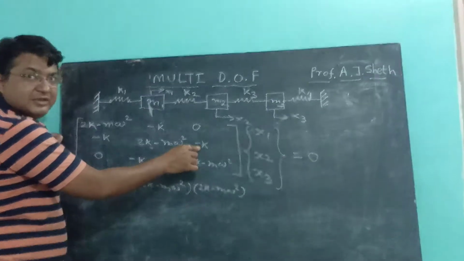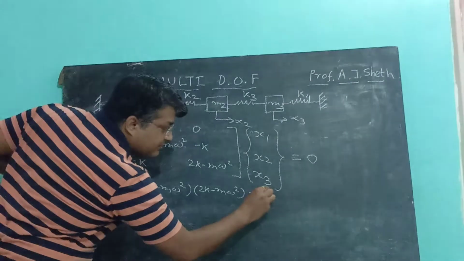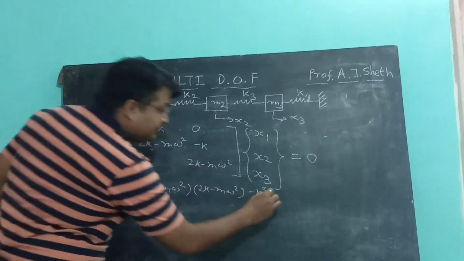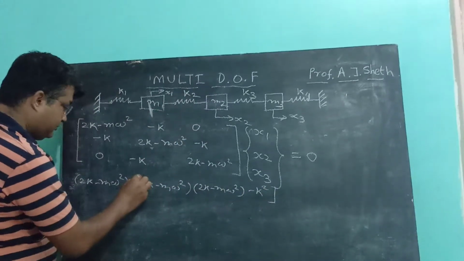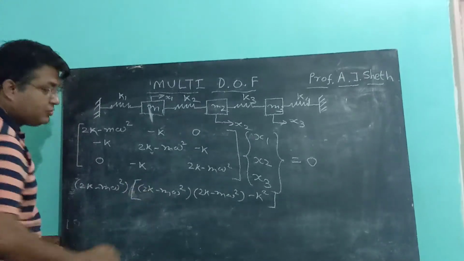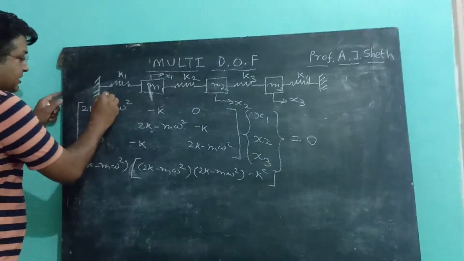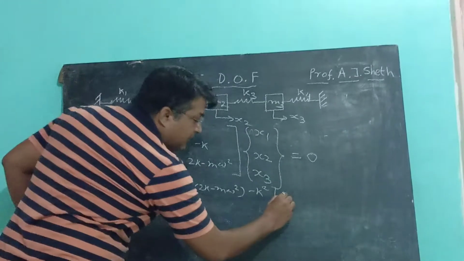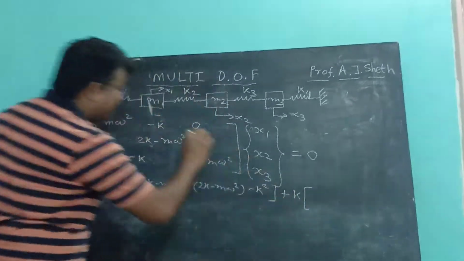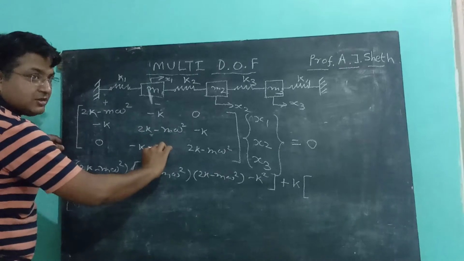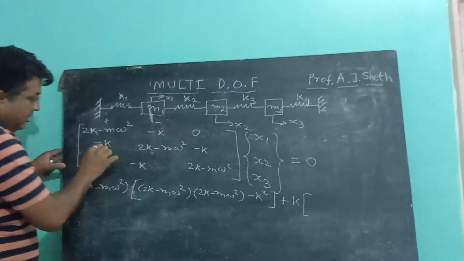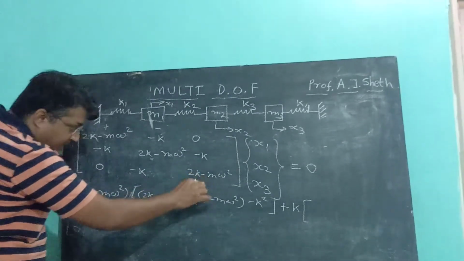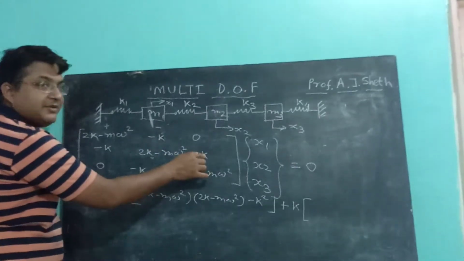Multiplication of these two is k square and the sign is minus, so minus k square. Then, in a big parenthesis, this is plus minus, so minus minus plus, plus k multiplied by, leaving this column and this row, minus k multiplied with 2k minus m omega square minus 0 multiplied with k.